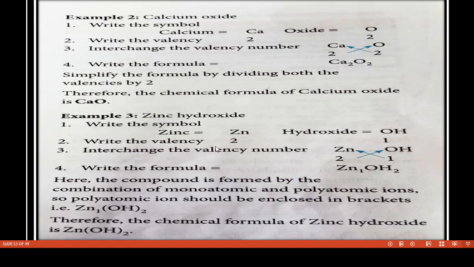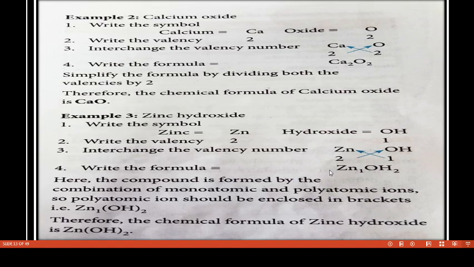Now see the example for a polyatomic ion. Here I take zinc hydroxide. Zinc valency is 2, hydroxide OH valency is 1. Now interchange the valencies of these combining atoms. So Zn valency 2, OH valency 1. Now interchange, you get Zn as 1, OH as 2. Now write the formula Zn1 OH2. If 1, no need to write the subscript.